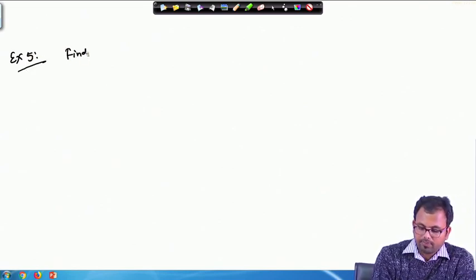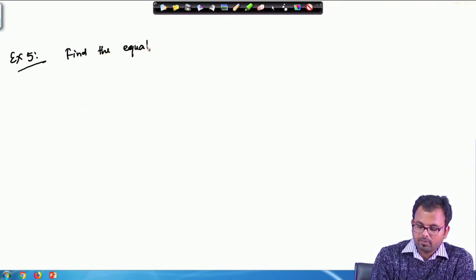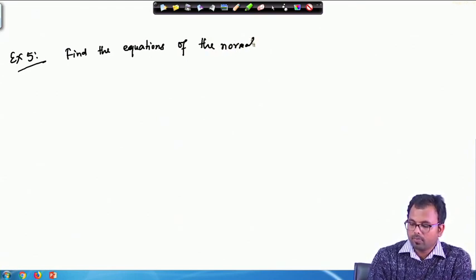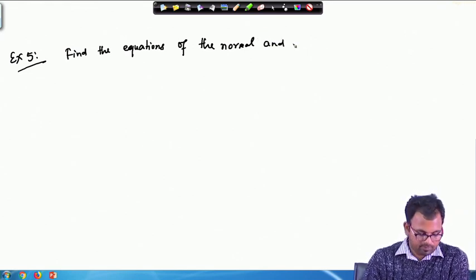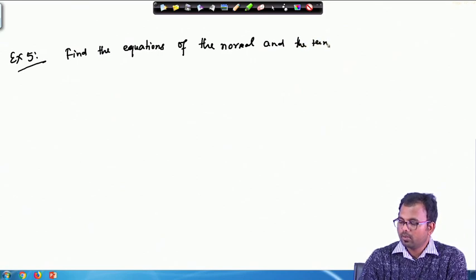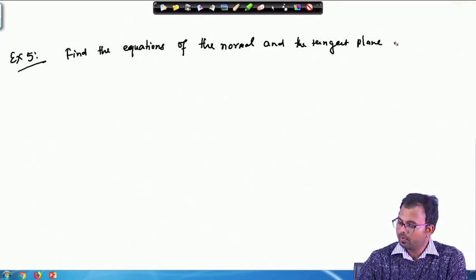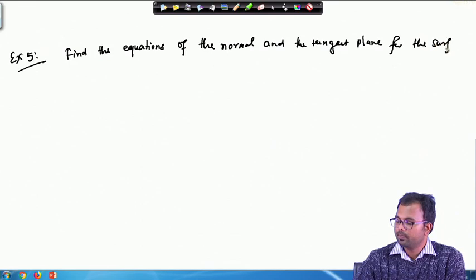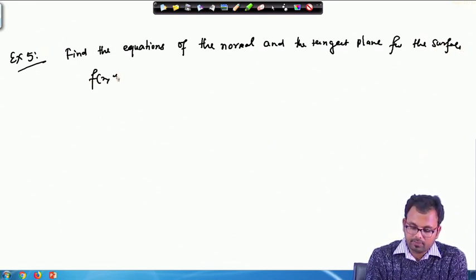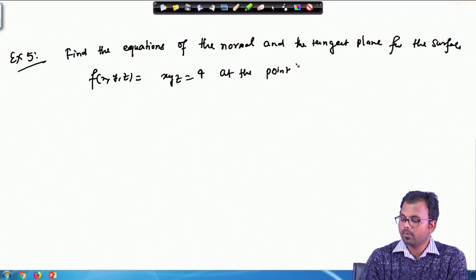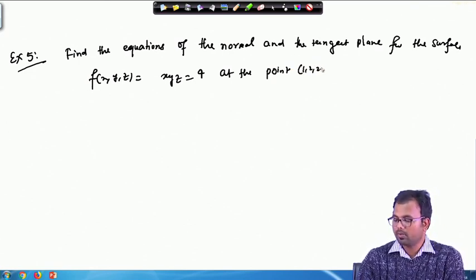Find the equations of the normal and the tangent plane for the surface f(x, y, z) = xyz = 4 at the point (1, 2, 2).